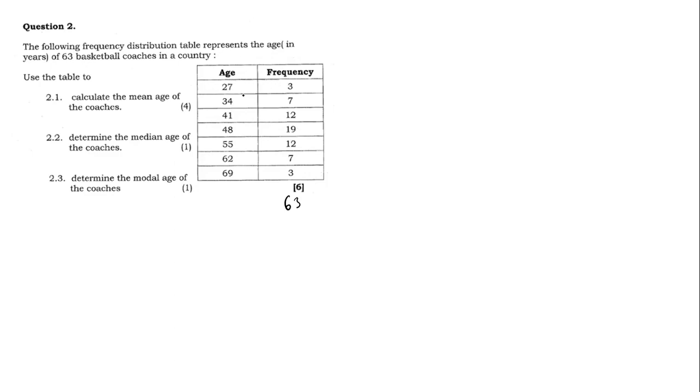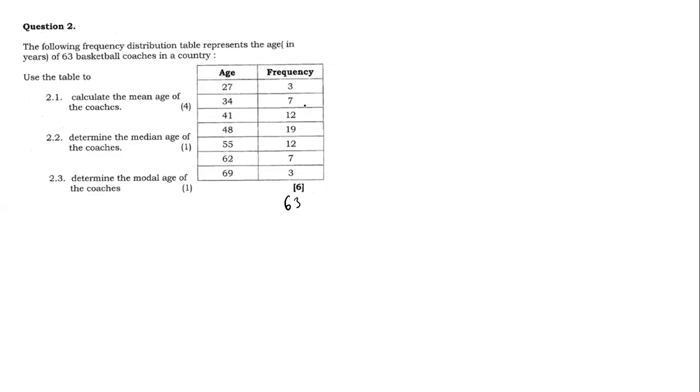How many basketball coaches are aged 34 in that country? There are 7 of them. Can you see that? So this data is almost the same as the data that we have, but instead we could write 27, 27, 27, 3 27s, 7 34s, 12 41s, 19 48s.